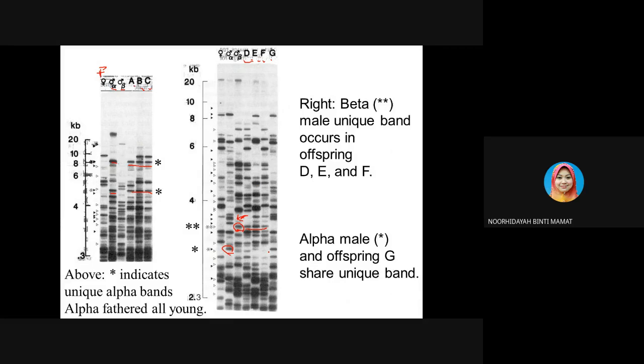The alpha band is the same as the G offspring, the G chick. So from this fingerprint, what do we conclude?